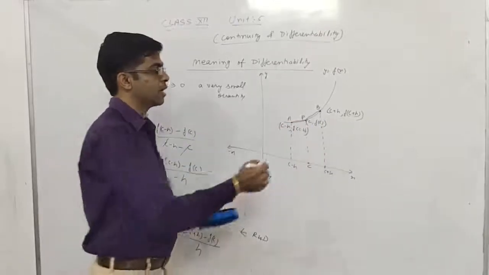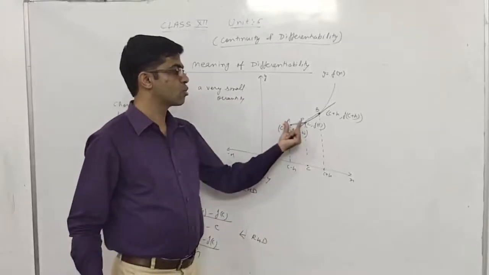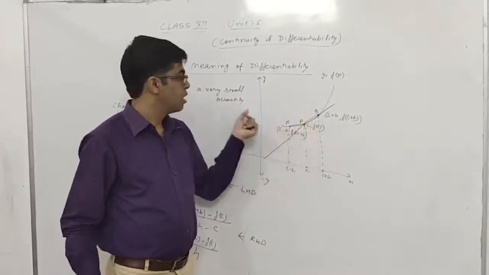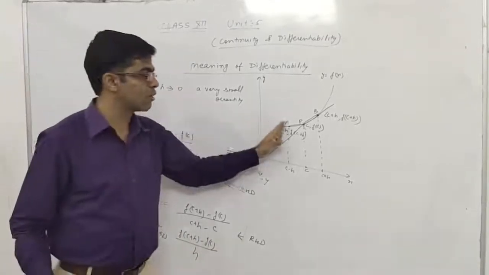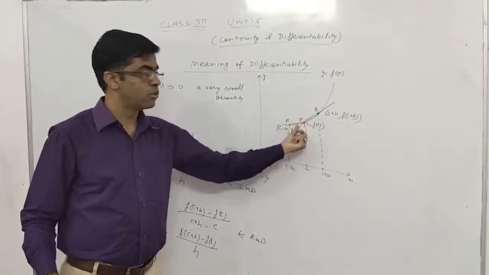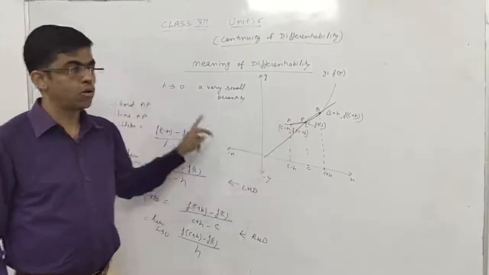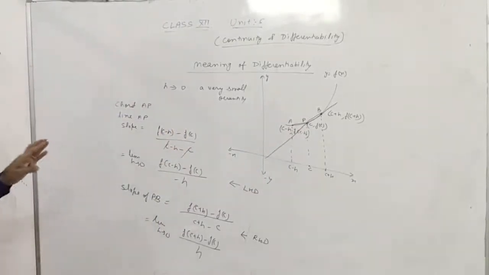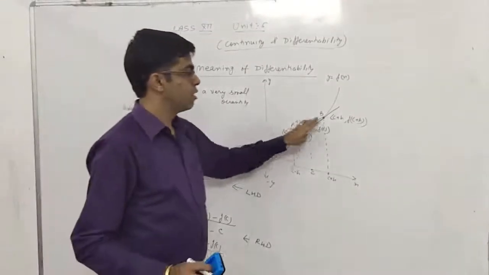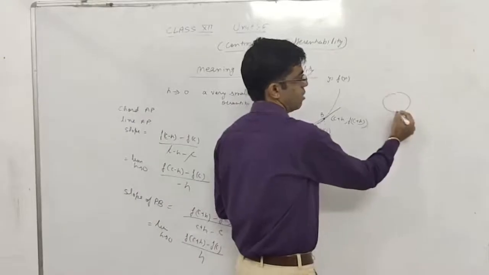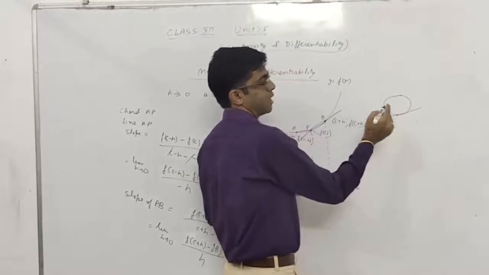This will give you a single slope at point P. Right now, there are two slopes, AP and BP, but when we approach h towards zero, reducing the gap, it will give a single slope touching at point P. So this means it will give us the slope of the tangent drawn at this point P, and we know that on any curve, at a point there is only a single tangent possible.